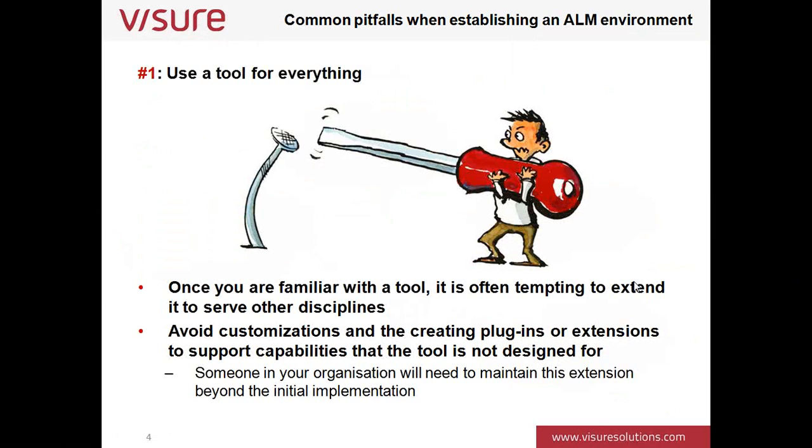That's one option. Or, of course, you can also try to reuse the tools you have already in place for other disciplines. We also faced this situation with some customers already, that those started, for example, using JIRA also for requirements management, because this might be obvious to you if you have JIRA in place and you are used to it, and you have used it for issue tracking or bug tracking.